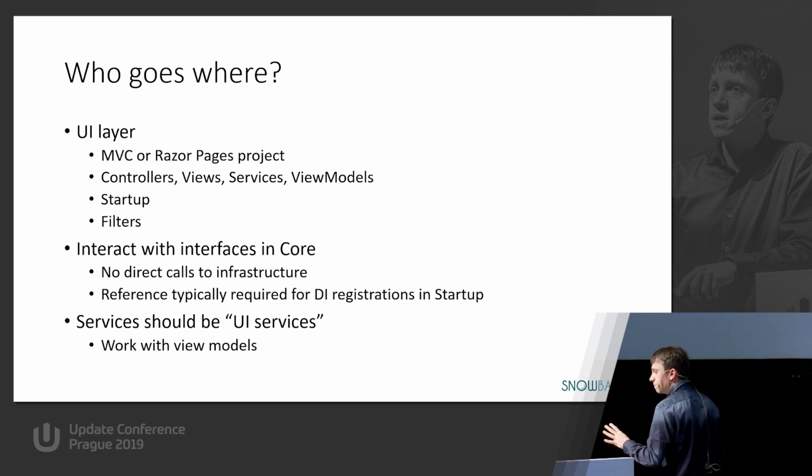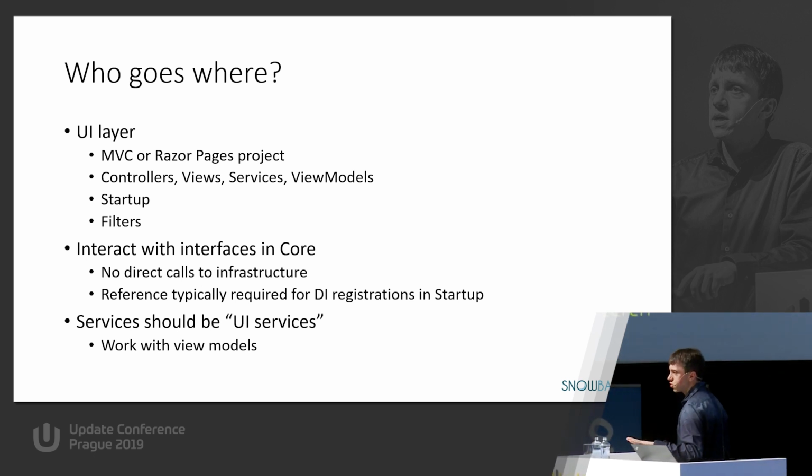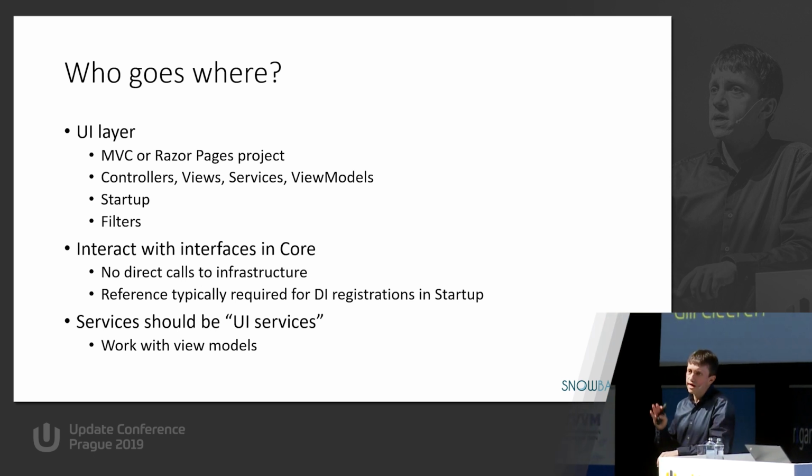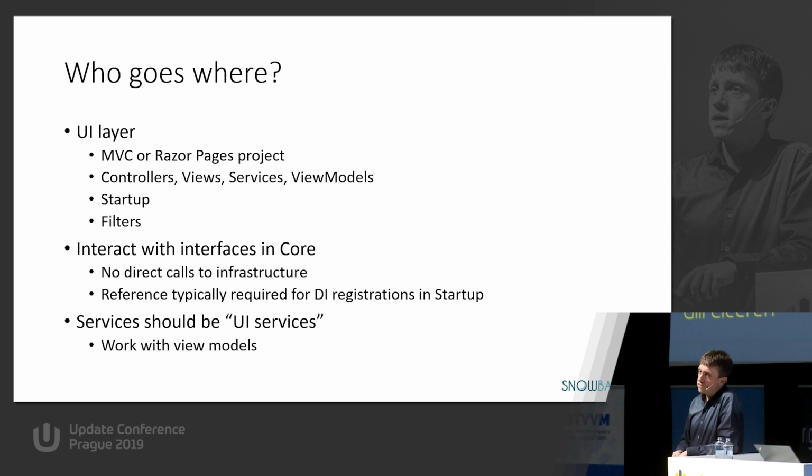Technically, you should have a dependency between your UI and your application core, and you may not need a dependency between your UI and your infrastructure. In ASP.NET Core today, you will need it if you use the built-in dependency injection system. I will show that in the demo.